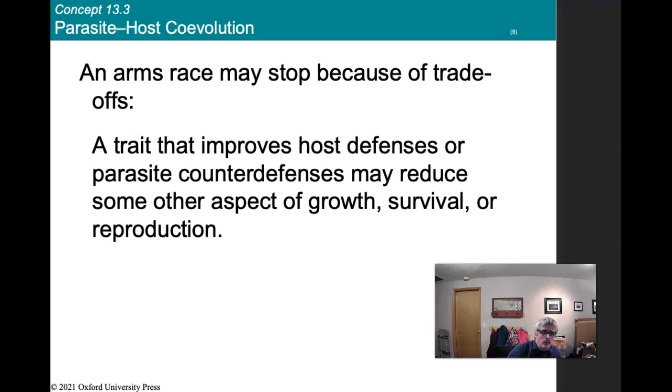And this arms race may stop because of trade-offs. So having a defense or a counter defense all comes at a cost. Having a defense against a parasite, or as a parasite, having the tools to overcome or defeat the defenses of a host, is not free. There is no free lunch.